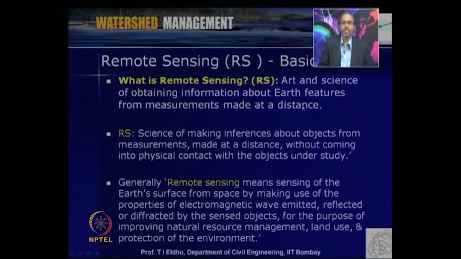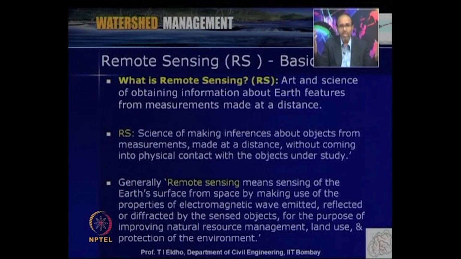So, as the definition shows, we are not directly going and getting the data, or coming into contact with the objects from which we are collecting data, but we are getting the data remotely, from a distance. It can be an aircraft flying over the area or a satellite passing over the area.